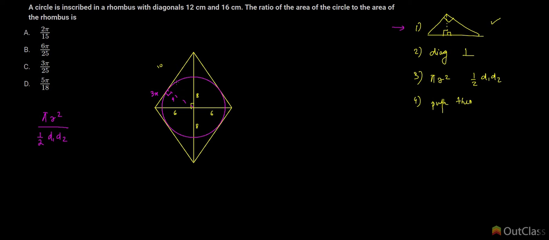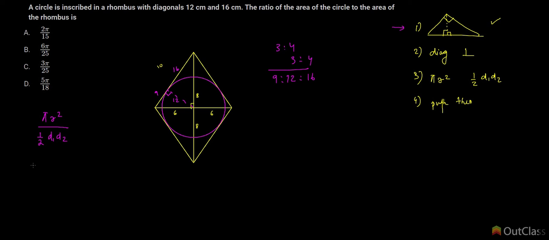You can actually combine these two. 3 is to 4, 3 is to 4. If you want to combine it, it will become 9 is to 12 is to 16. That's what I'm going to do next. 9 is to 12 is to 16.